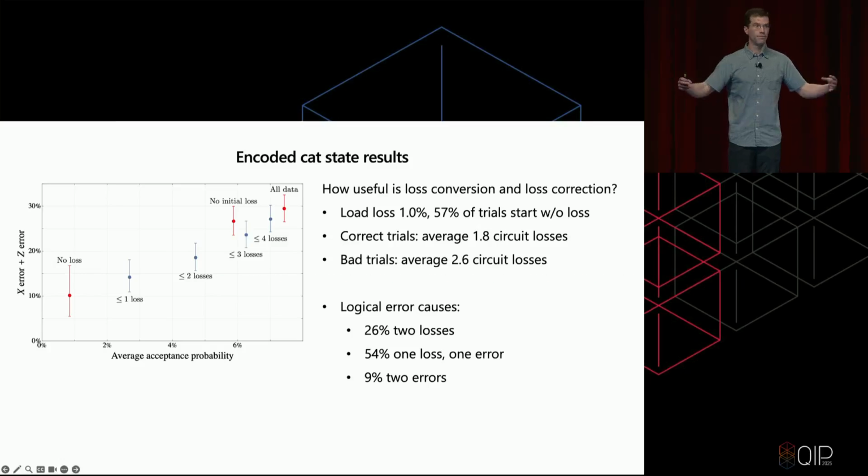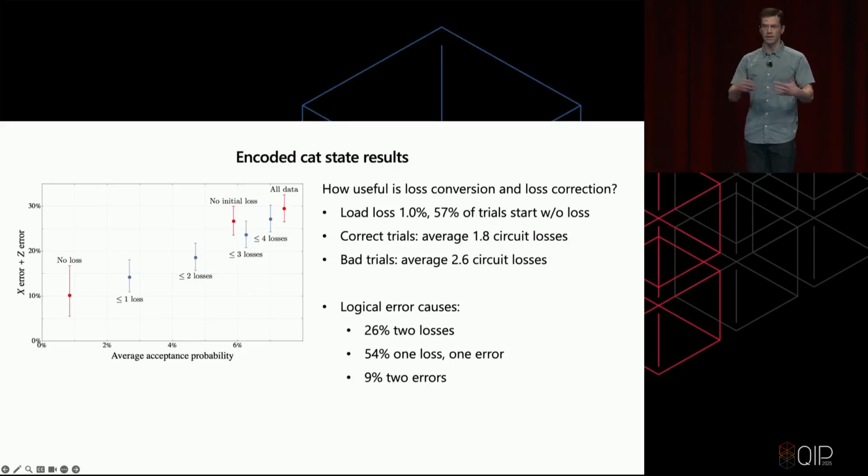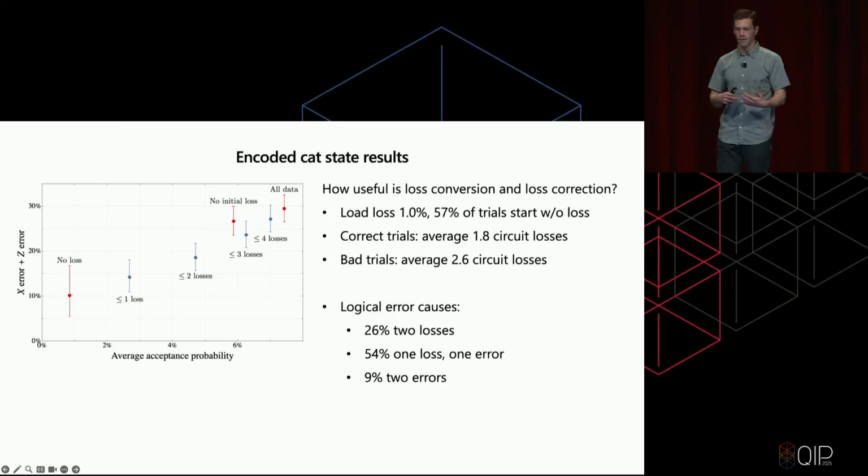That's out of 59 qubits total, but if one of the 11 ancillas was lost, you discard that trial. So that means 1.8 out of 48 qubits were lost. It's a fairly high loss rate, but the 422 code is still able to correct for that loss rate, and you're still able to decode correctly. So it still works. On bad trials that decode incorrectly, the average is 2.6 circuit losses per shot.